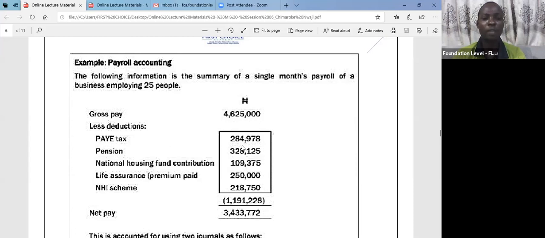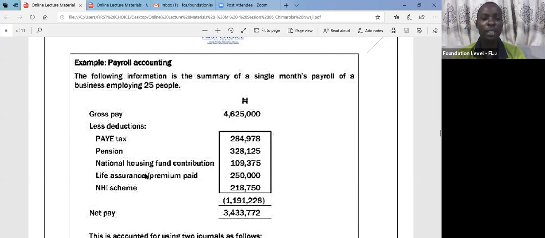Thank God you are doing tax. When you get to personal income tax, you will see all of this. Your PAYE is deducted, then the pension contribution is deducted, supposed to be 8% of the employee. The National Housing Fund, is it 2.5% that is deducted?